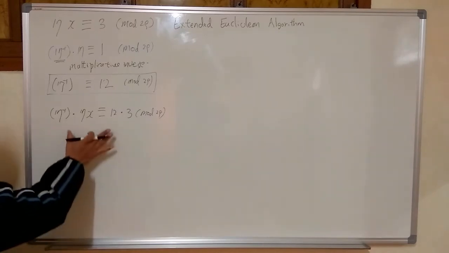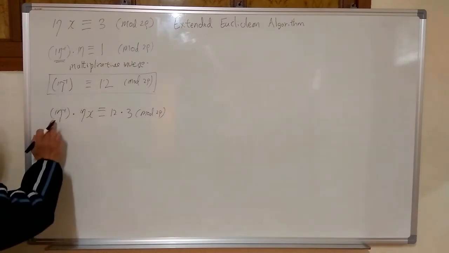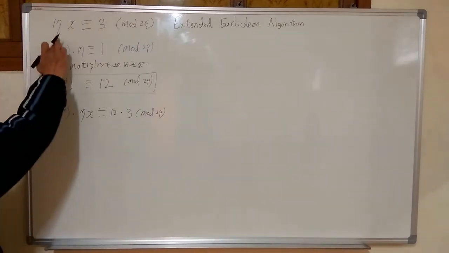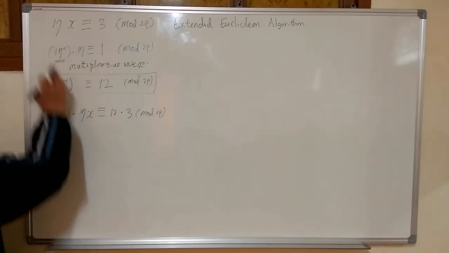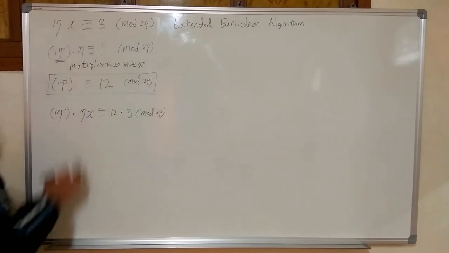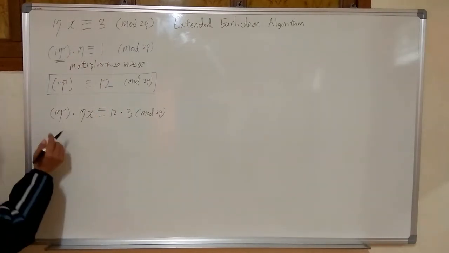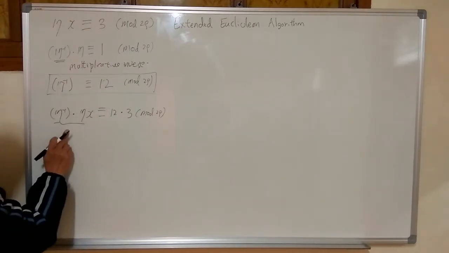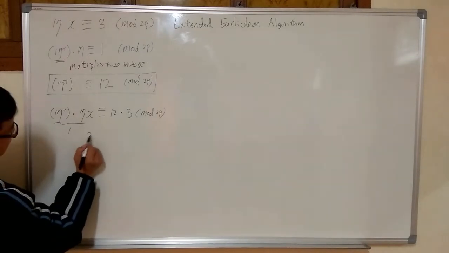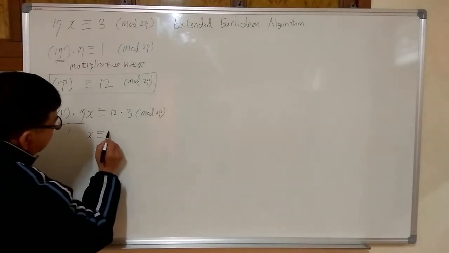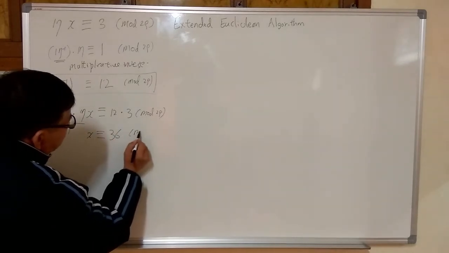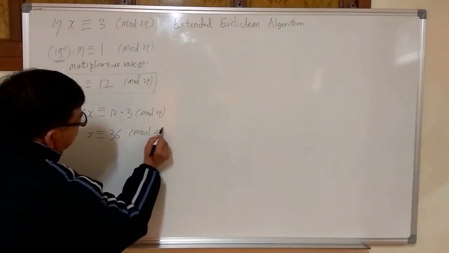We apply 17 inverse to both sides, then this is identity 1, leaving x ≡ 36 mod 29.